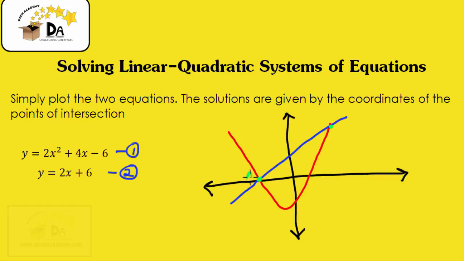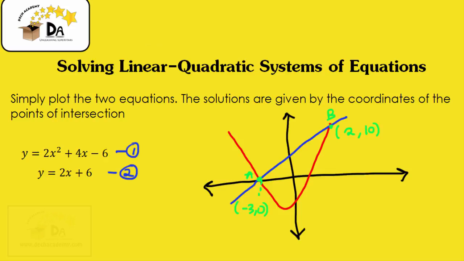If I call this point A and this point B, the coordinates of point A are, in this case, -3, 0, and the coordinates of point B are 2, 10. When you plot this accurately, this is what you'll get.